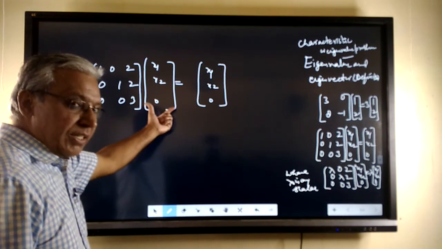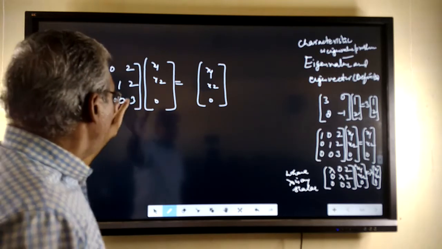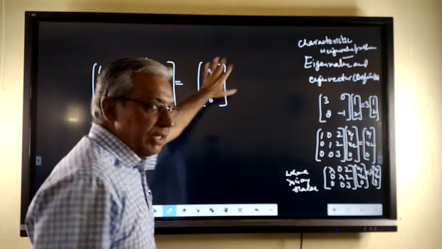Here this is a given vector and it is a matrix of order 3 by 3. Therefore, if we multiply this vector by this matrix, we get the same vector.